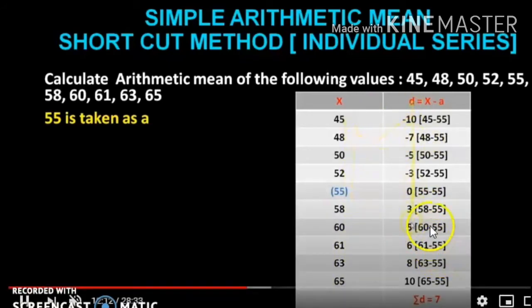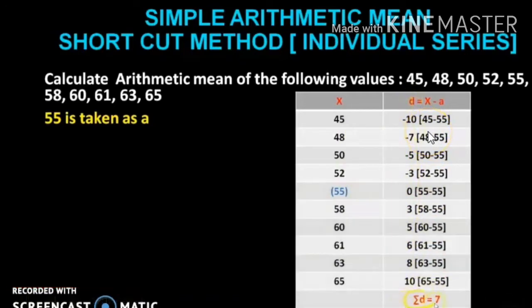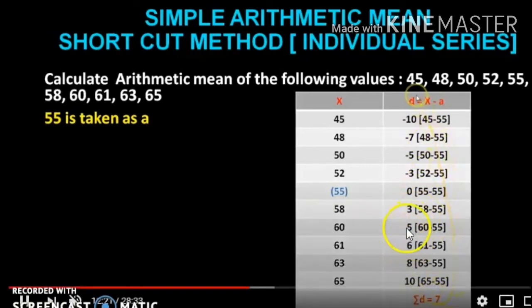According to the signs, you first add all the minus values, then add the plus values, subtract both, and put the sign of the larger value in the answer. Here the answer we get is sigma d equal to 7.